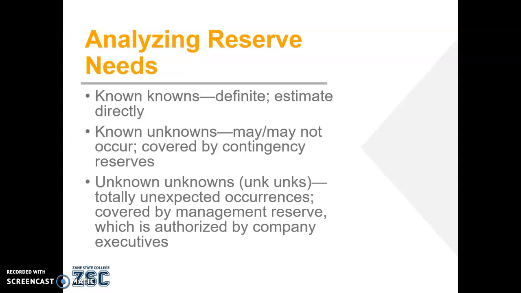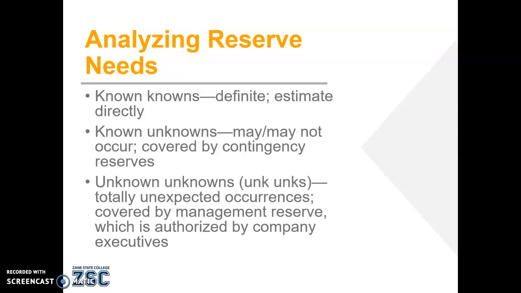And we're going to continue that idea of reserves and look at a couple different ways of categorizing risks in projects. And I think we'll be looking more at risk in the following chapter. But for now, we can categorize risks in these three categories.